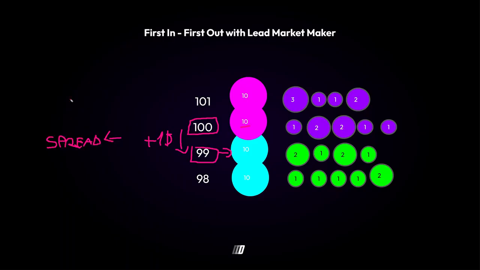So if spread is what market takers pay to trade because they're in a FOMO and they can't wait to get their hands on a buyer or on a seller, the spread that they pay is a hidden fee that market makers earn instead.